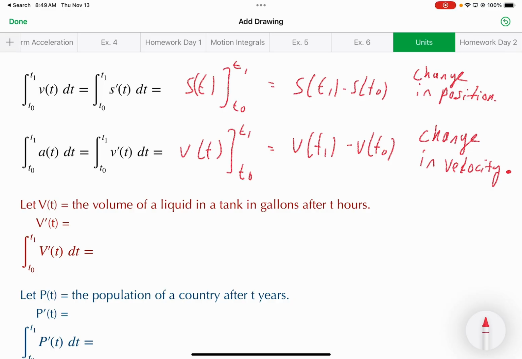But in other applications, if we let capital V of t be the volume of some liquid in a tank in gallons after t hours, we could talk about filling that tank with more liquid, or about that liquid leaking out of or being drained from that tank. What would v prime of t tell me? The derivative of that volume function, what would that tell me?